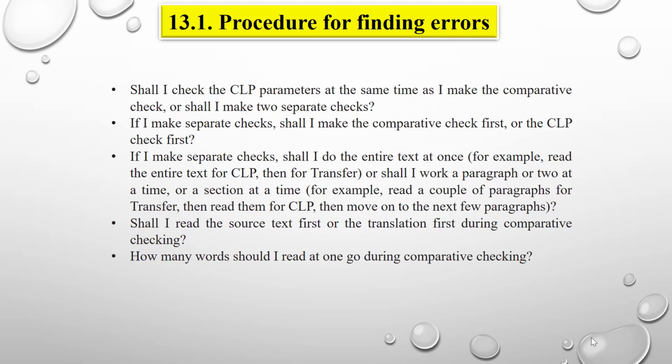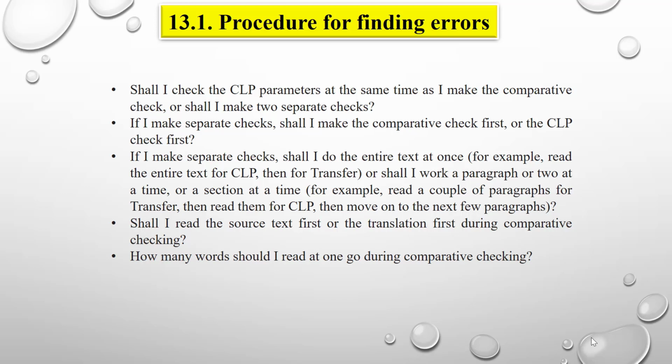The following questions then arise. Shall I check the CLP parameters at the same time as I make the comparative check, or shall I make two separate checks? If I make separate checks, shall I make the comparative check first or the CLP check first? If I make separate checks, shall I do the entire text at once?